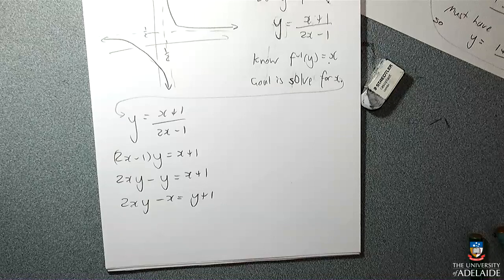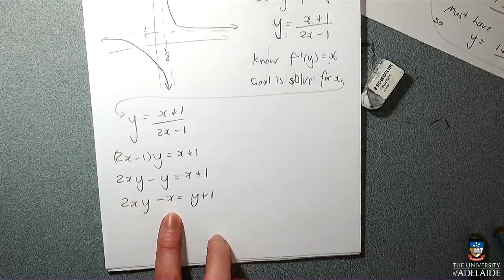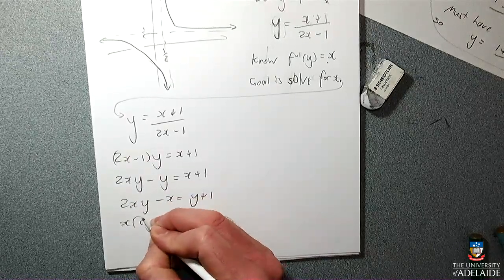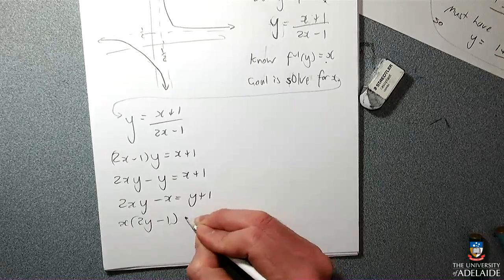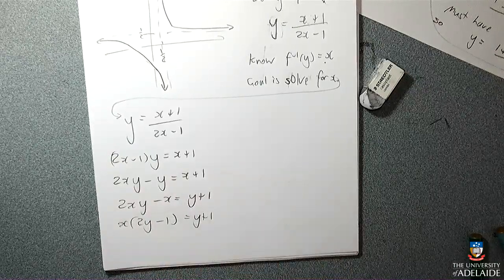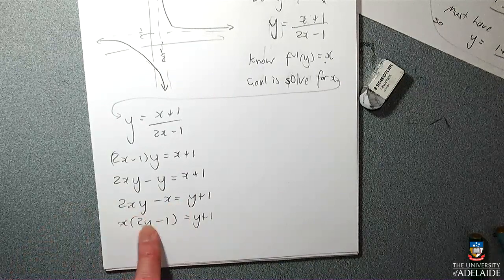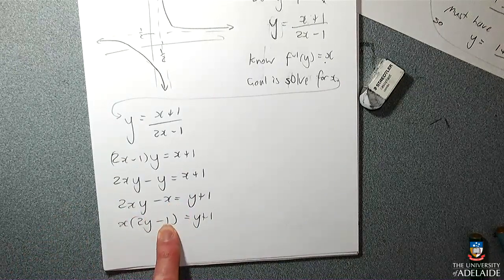Now, I need to somehow remove all of these things from the x's. I can do this. These both have an x. I can factorise that x out and leave a 2y minus 1 behind.